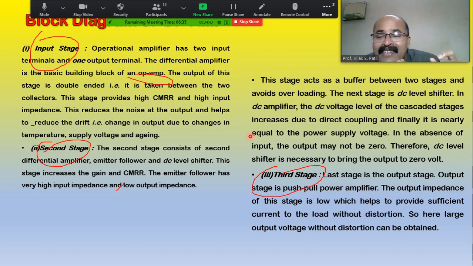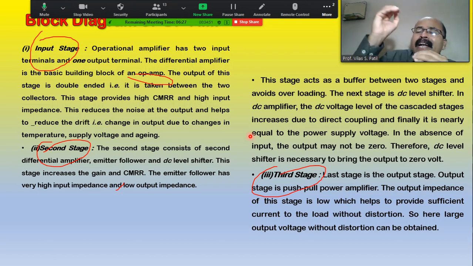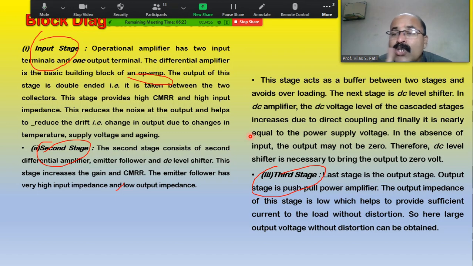And as the name suggests, it shifts the DC output. It is a level shifter, and a level shifter can move the level up and down. Here the level shifter is used to calibrate the output of the differential amplifier or operational amplifier.